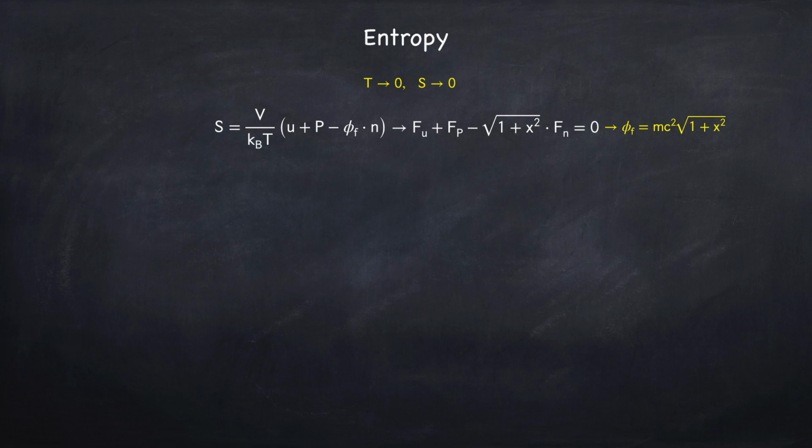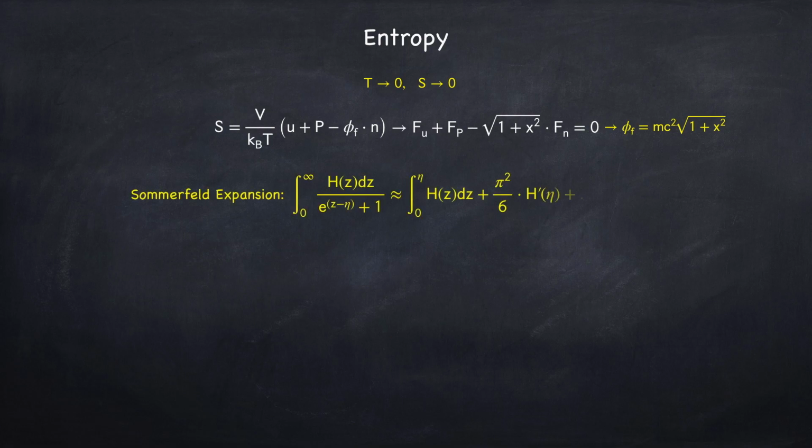So if we want to know the first order entropy term, we can't take T to be exactly 0. We have to include the first correction at T close to 0. So in order to do this, we're going to use what's called the Sommerfeld expansion. This is just a mathematical trick for approximating an integral of this form, assuming that this term eta in here is large.